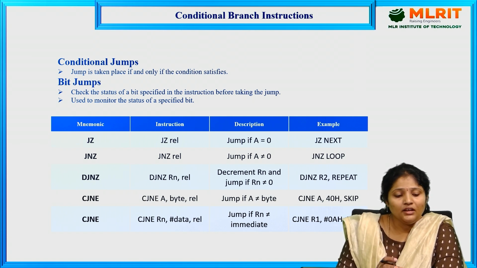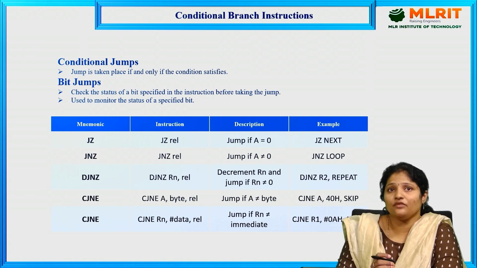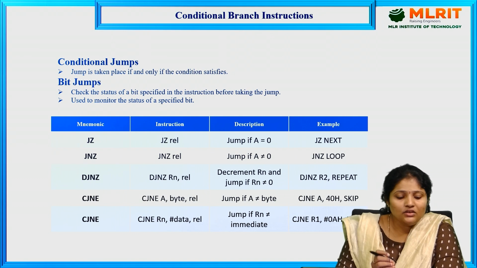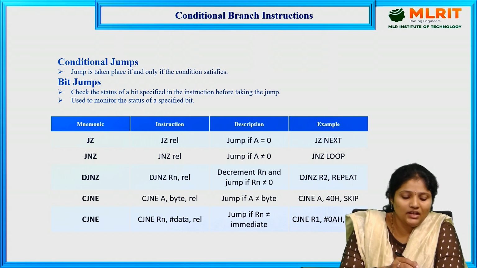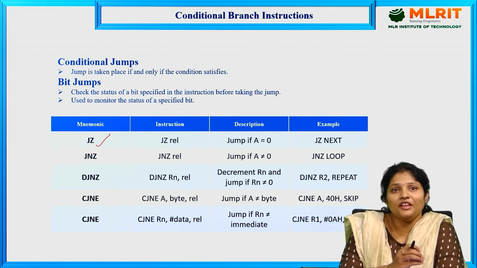Here, the first one is bit jumps. Here, it will check the status of the bit specified in the instruction. If the bit satisfies the condition, then only the control will be moved to that particular address location. Some examples of these bit jump instructions: the first one is JZ, jump if 0.